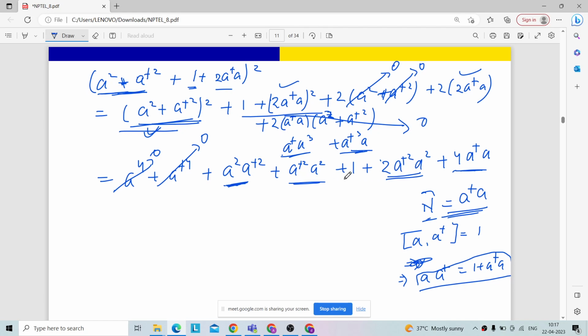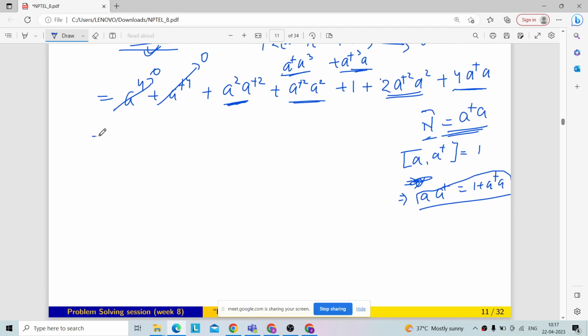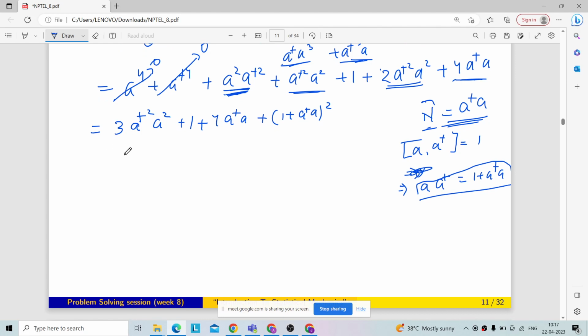So I have 3 a dagger square a square, then 1 plus 4 a dagger a, then this term I can write as 1 plus a dagger a whole square, right. So now it's almost done.